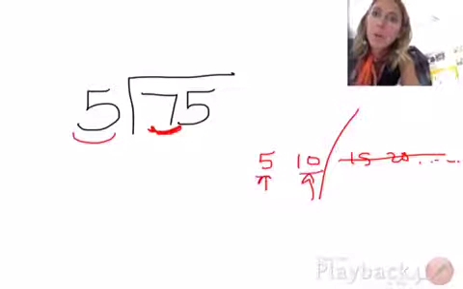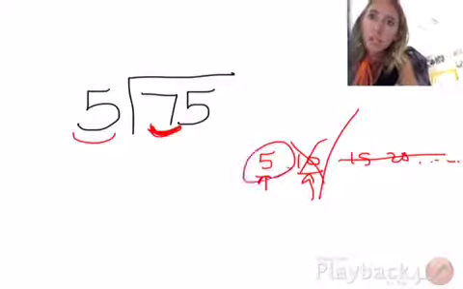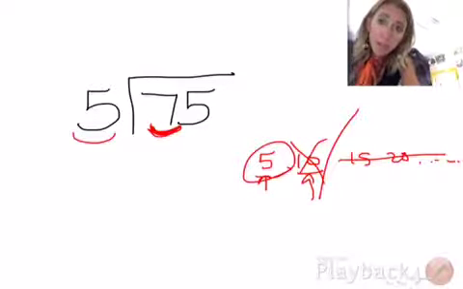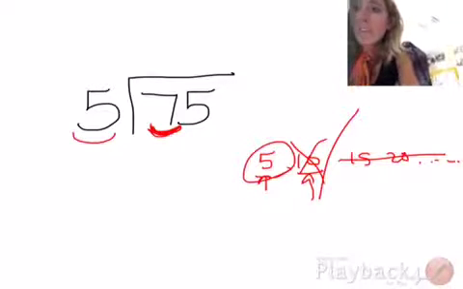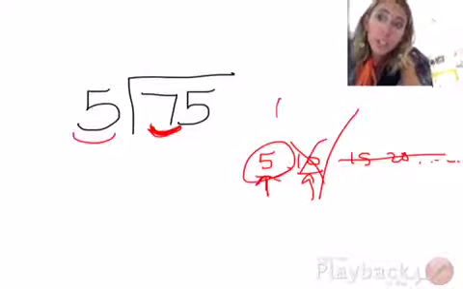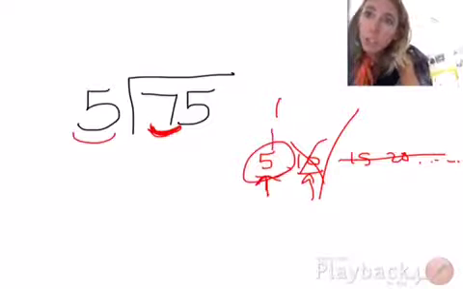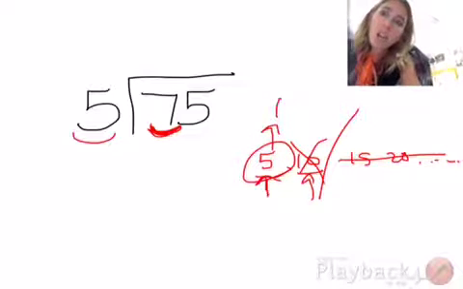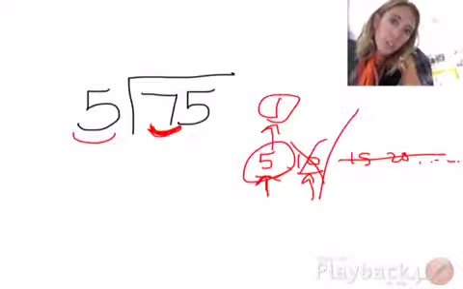Now, which number am I going to go with? Well, you can't go with anything greater than 7 when you're actually finding the quotient. So that number's out. So this is our next closest number, 5. So 5 goes into 7 how many times? Well, this was the first multiple. You could even look back up at your chart and notice that it is the first one.